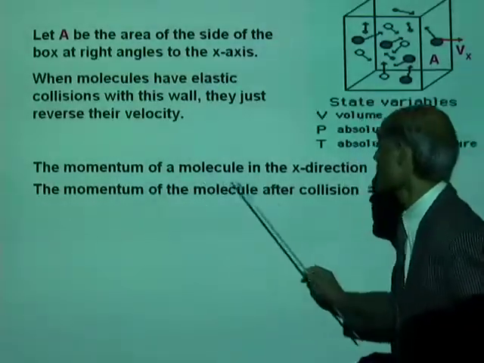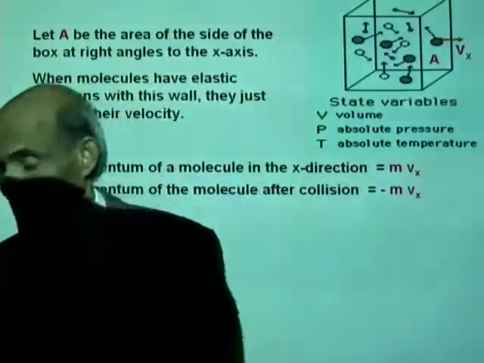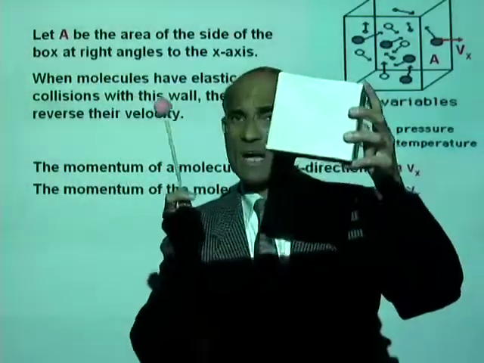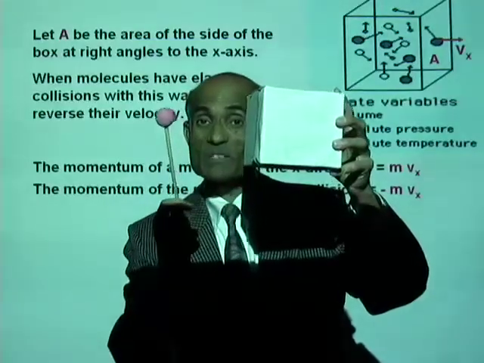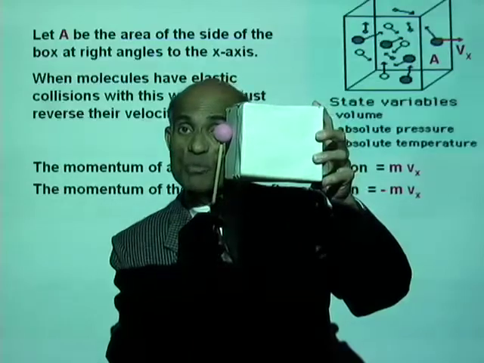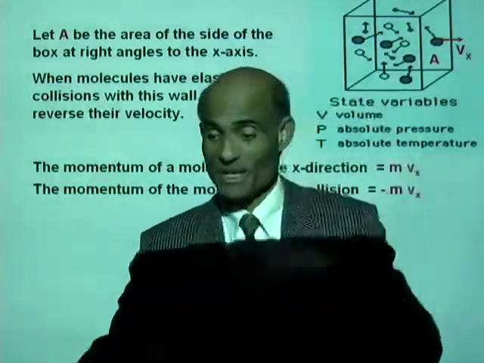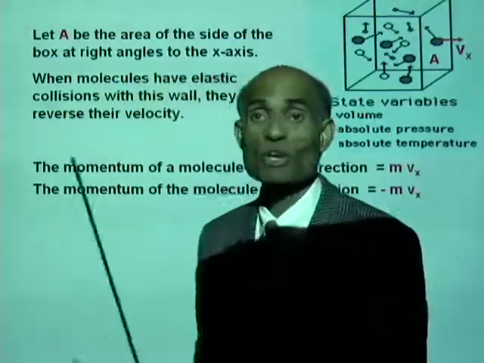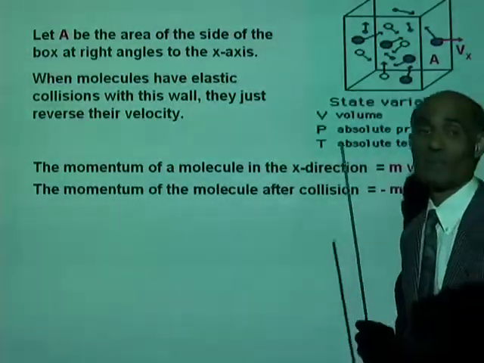Now, the momentum of the molecule after collision, as the molecule approaches the wall, its momentum is mvx. And after collision is going to move away. That means its momentum is now reversed. Its momentum after collision is negative mvx.